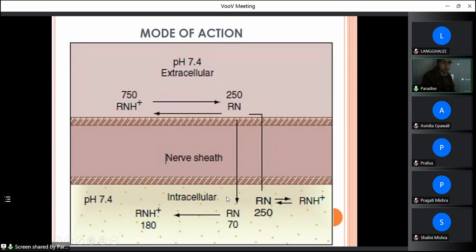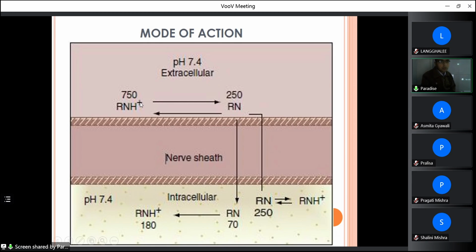So among 250 molecules, 70 will be in the form of RN, and only 180 molecules form the RNH+ ion. This RNH+ will bind to the voltage gated sodium channel, blocking the sodium influx, so depolarization will not occur. So action potential will not be generated, and there will be no conduction of impulses.